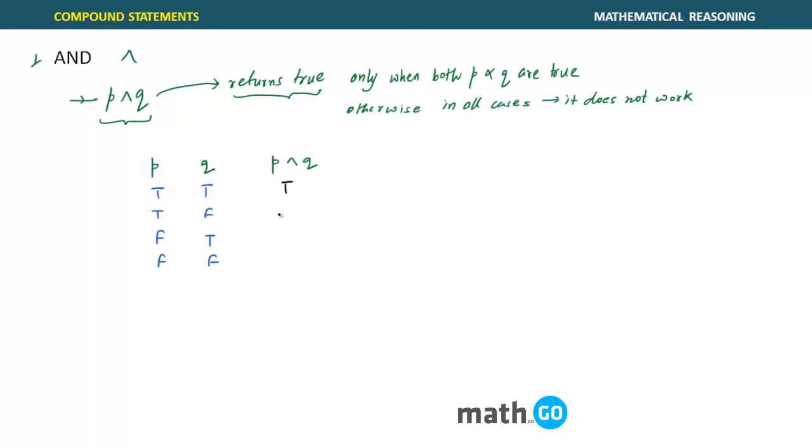Apart from that, if any of them is false, the answer is false. For example, here both of them are false, the answer is false. Here this is false, answer is false. So it is only true when both of these statements are true. That is the meaning of A and B, or P intersection Q, or P and Q.